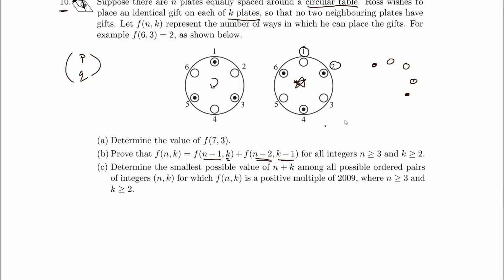Now when I read that, I'm not going to get to C right now, but immediate brainstorming things are like the Fibonacci sequence. Because the plates are numbered, we get 1, 2, 3, 4, 5, 6, and we could say no gift, a gift, no gift, a gift, no gift, a gift.